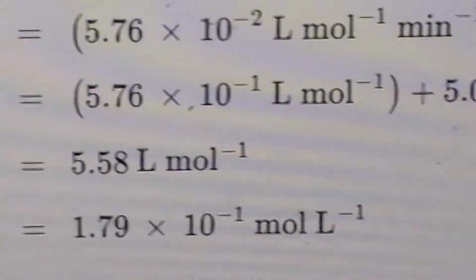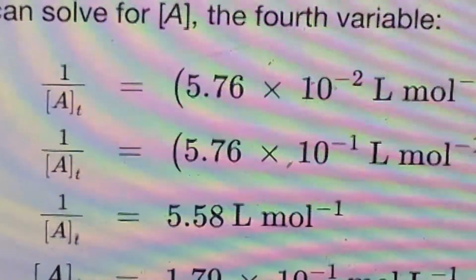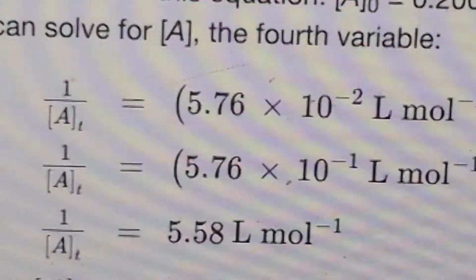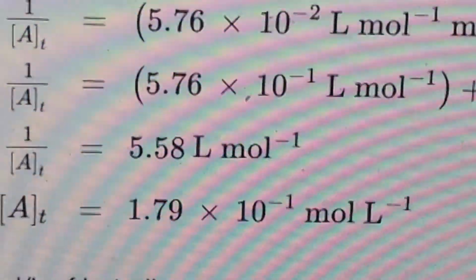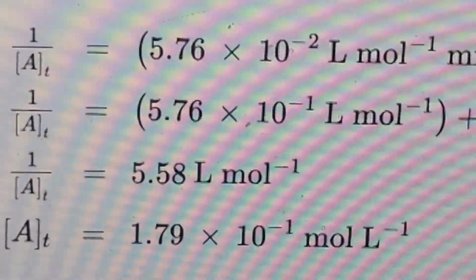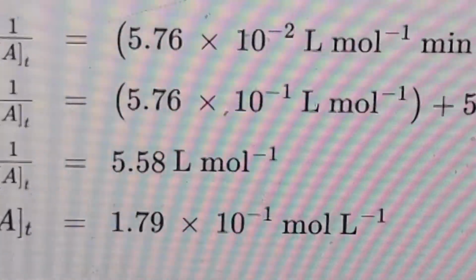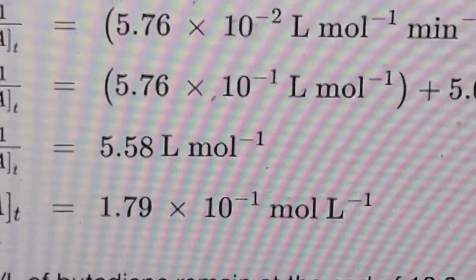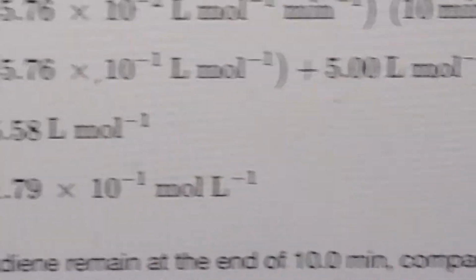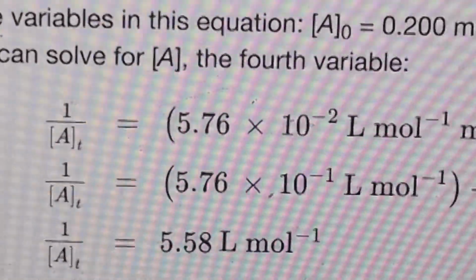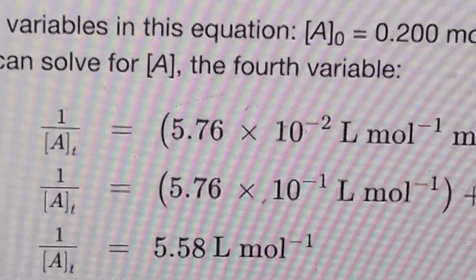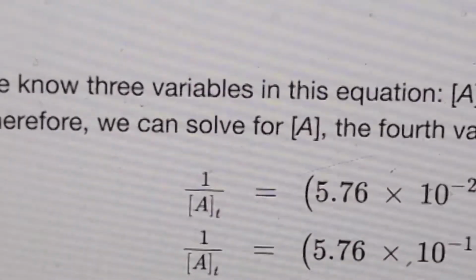So, you take then the second part of the equation. 1.79 times 10 to the negative first power. Because, in order to do that, they did 5.58 to the negative first power, as seen here.